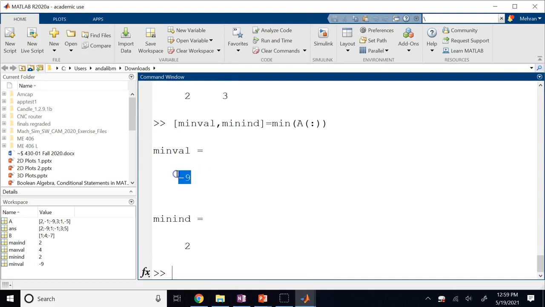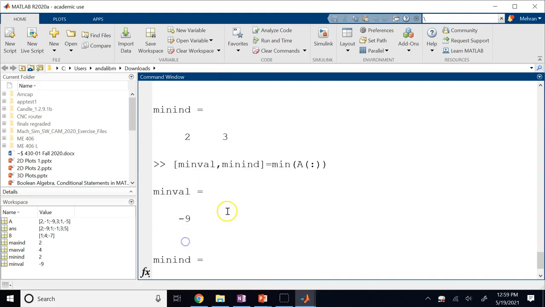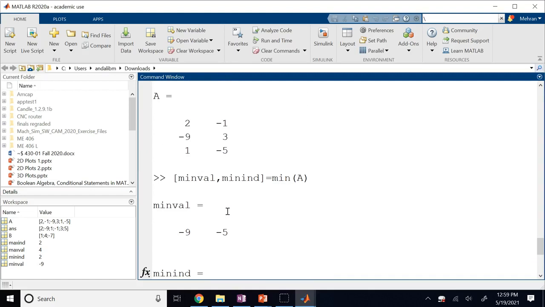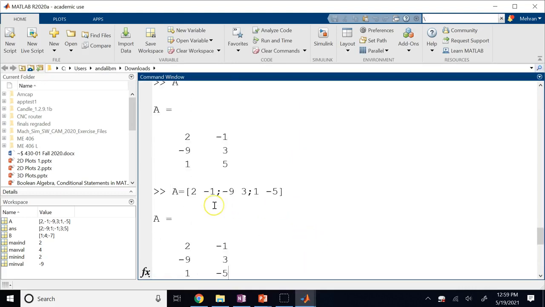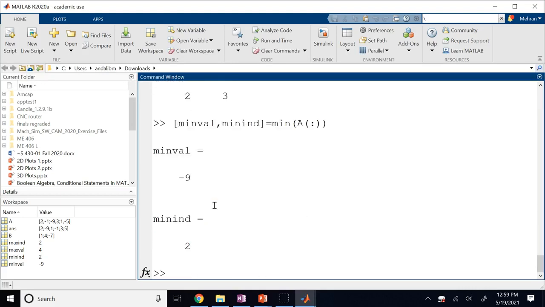At least the min value is definitely correct. What about the min index? It's 2. Well, what does 2 mean in this matrix? 2 means if you vectorize it, so bring the second column underneath the first column, then in that giant vector, the second element in that vectorized version is the minimum.